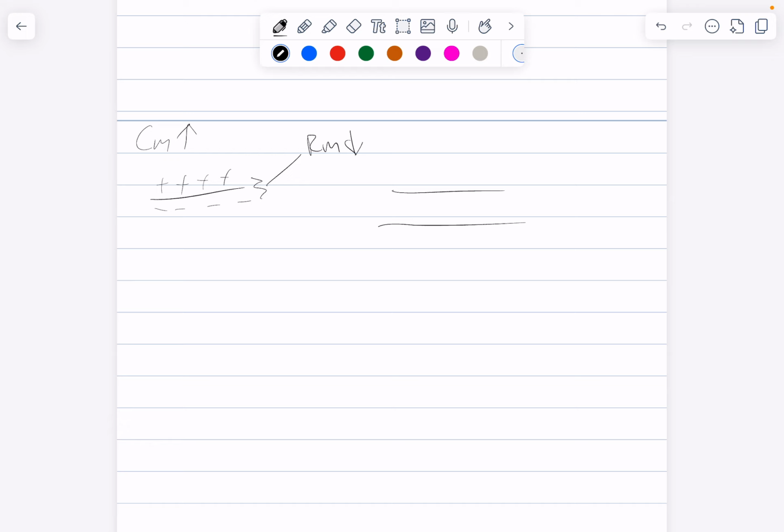The Ri, which is about right here, is higher.